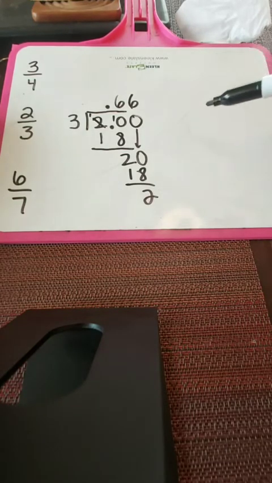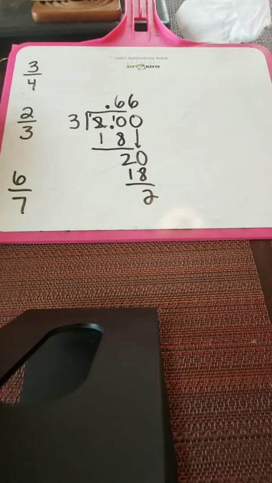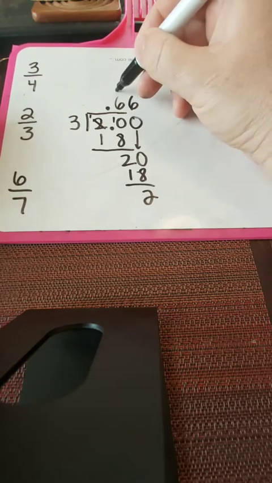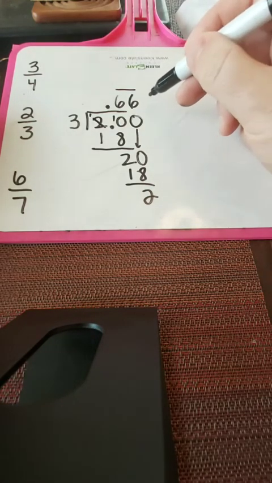Now, we could actually keep going with another 0 and another 0. Ultimately, we would just get a bunch of 6s in a row. So for the purposes of this, the decimal looks like this. We put this little line over the top. That's a special way of telling us that those 6s go on forever. Okay?